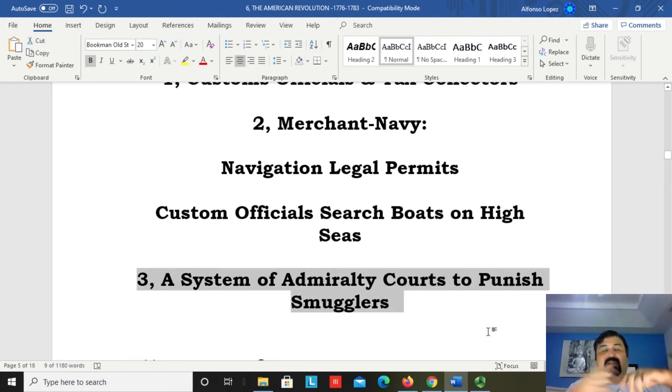Those are courts in which the owner of the ship or the captain will be tried. They will be fined in many cases, or the merchandise will be confiscated because they violated the law of trade, the Navigation Act of 1696. You're smuggling, therefore you have no rights to the cargo itself. We're going to seize it. There were fines and so on and so forth.